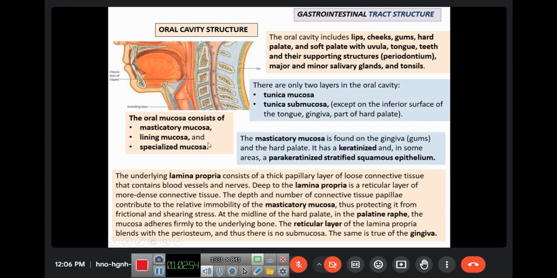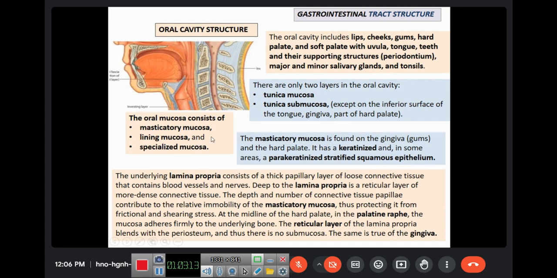The lining mucosa covers the inner surface of the lips and the cheeks and the soft palate and the lower part of the tongue and the floor of the oral cavity.